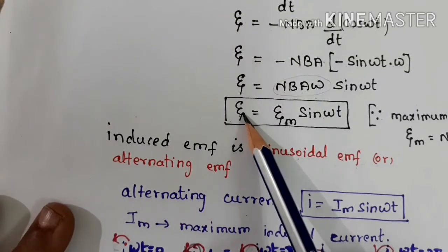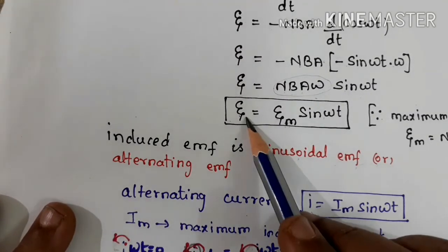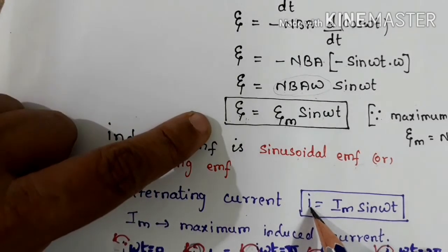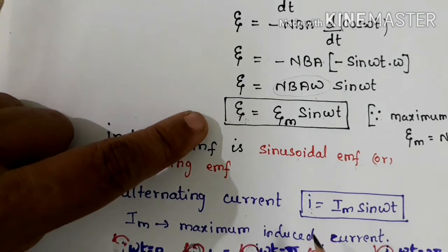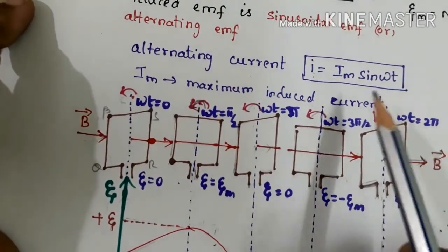The same thing I have written for alternating current. This is induced current, alternating EMF, this is alternating current. So here you have written epsilon is equal to epsilon naught sin omega t, and I is equal to Im, that is the maximum induced current, not EMF, induced current.